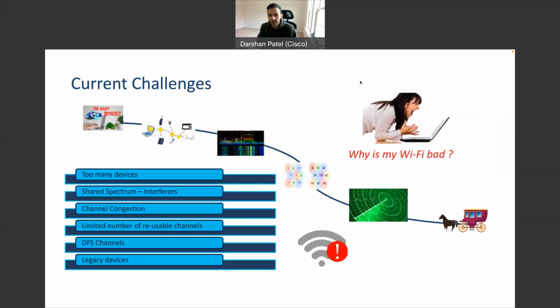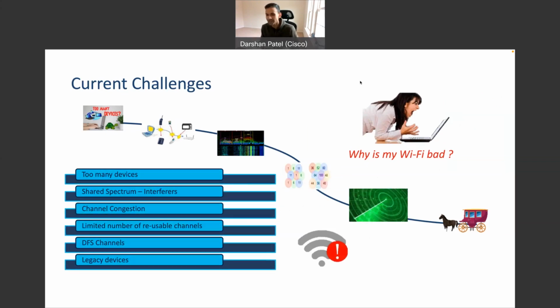So what current challenges do we have? We have way too many devices and shared spectrum. With 2.4 gigahertz, it's overkill already. We have 3 non-overlapping channels, and as you remember, we had issues when we started, even though we have improved 2.4 as well with BSS or OBSS coloring.